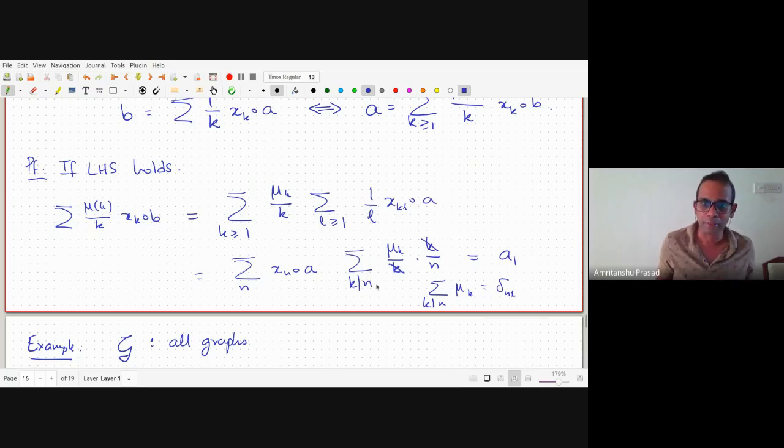So this is just A_1, A_1 as in x_1 circle. So the proof is just like this, and you can prove the other way also using this. So it's basically a Möbius inversion application.